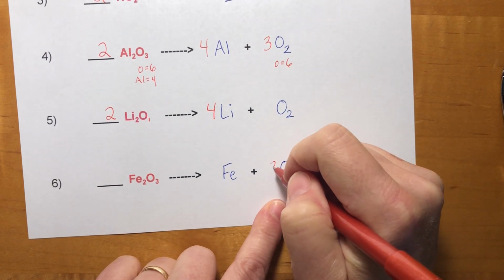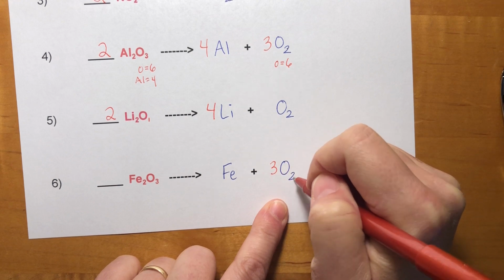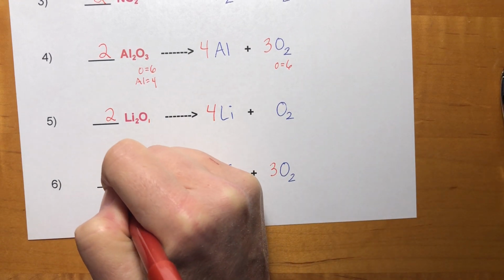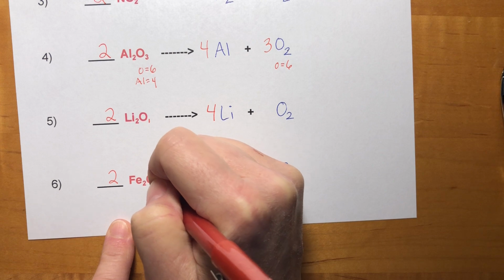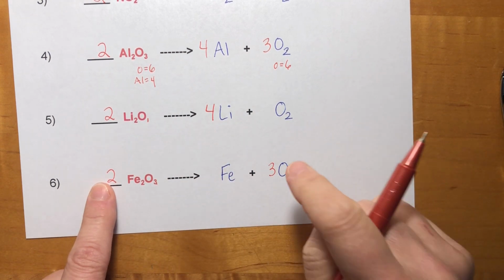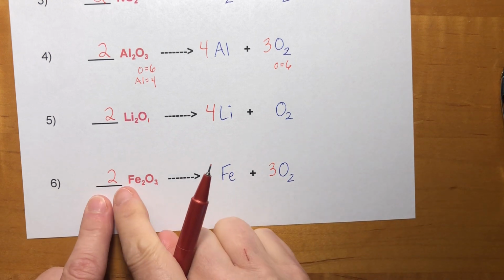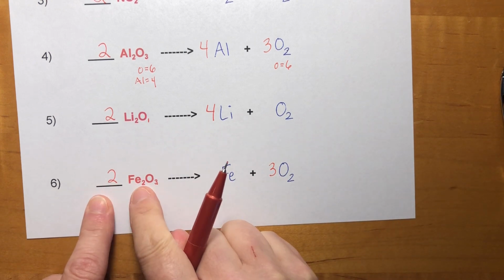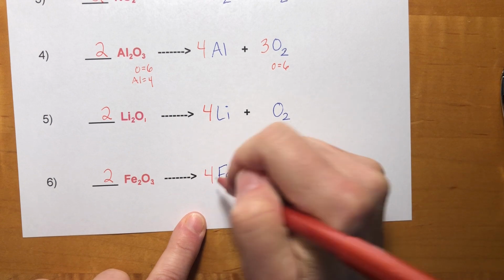If I put a 3 here, that'll be 3 times 2, that's 6 oxygens. And if I put a 2 here, that's 2 times 3, that's 6 oxygens. So 6 oxygens, and what about my irons? I have 2 times 2 is 4, so I need 4.